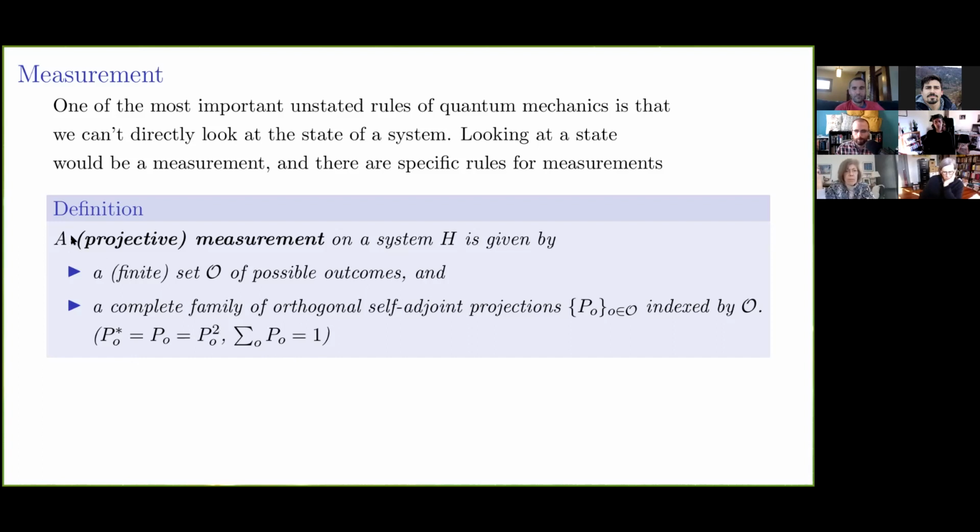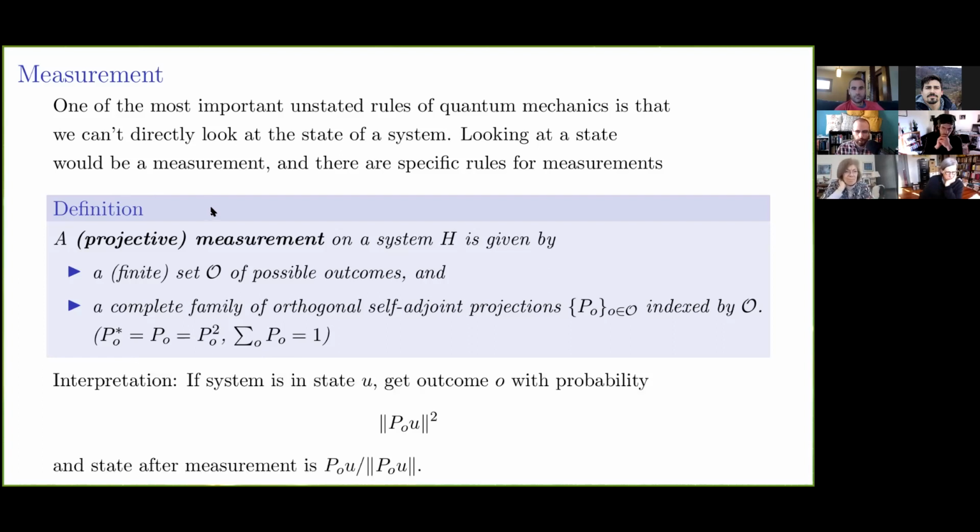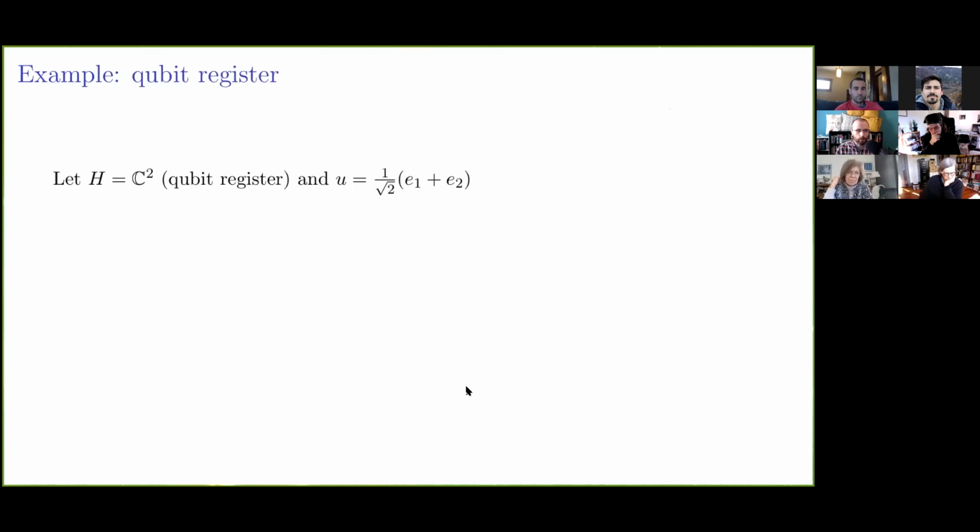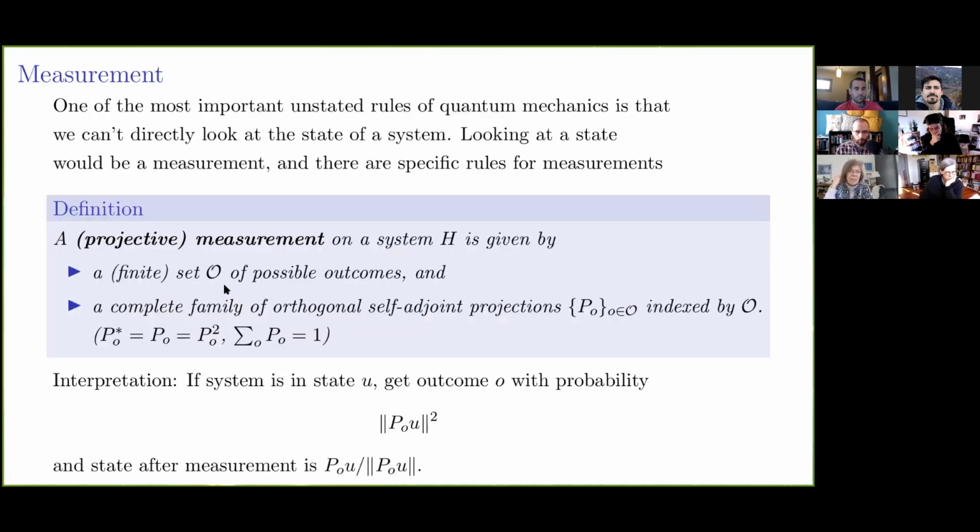Did you define what you mean by an outcome? Yeah, an outcome is just what the measurement actually gives as a result. We're going to do some measurement, and it could be a two outcome measurement. So the outcome set O could be the set 0 and 1.